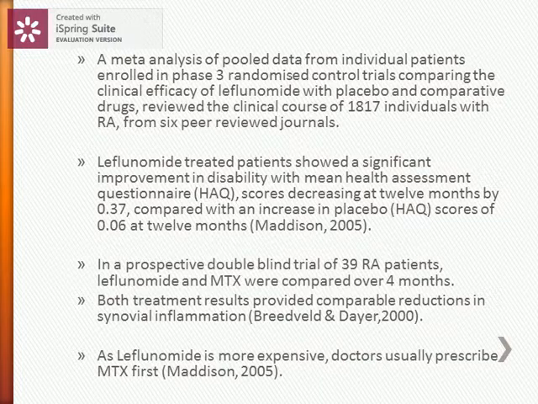In a prospective double-blind trial of 39 rheumatoid arthritis patients, leflunomide and MTX were compared over 4 months. Both treatments provided comparable reductions in synovial inflammation. As leflunomide is more expensive, doctors usually prescribe MTX first.